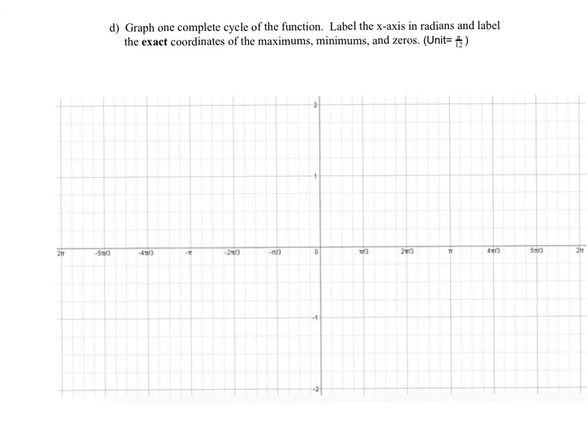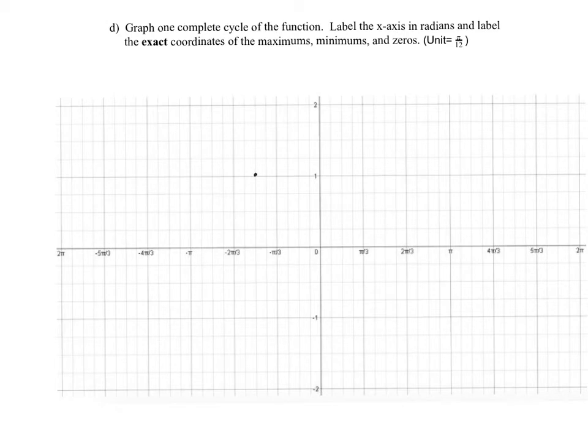When we pick the starting point of our cosine graph, we're going to use the fact that we've taken our cosine graph and shifted it left pi over 2. Normally the cosine function would start at 0, 1. Because we have a phase shift of negative pi over 2, it would typically start at negative pi over 2, 1, which would be right here.